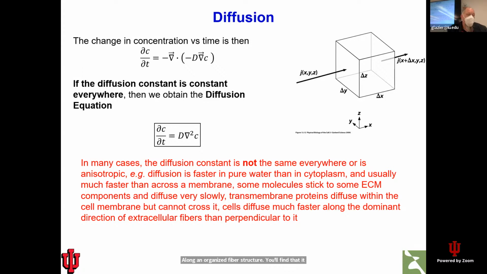Actually, I should say that it's going to be the same also. If you have fibers that are aligned with each other, you'll find that cells move preferentially along the direction of fibers and not perpendicular to them. And so in those cases of anisotropic diffusion, life becomes more complicated. We're not going to implement those here, but it's important to be aware that that's possible. And so when you build models, you need to be aware that you may be making simplifications about that.